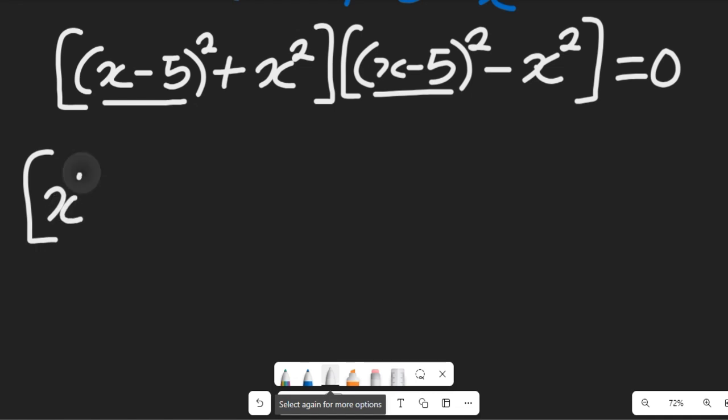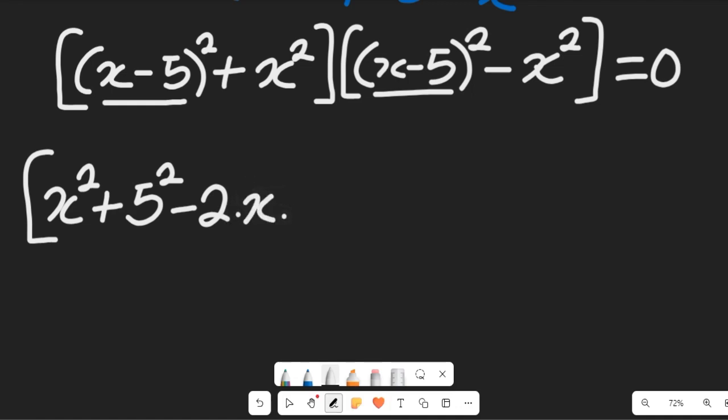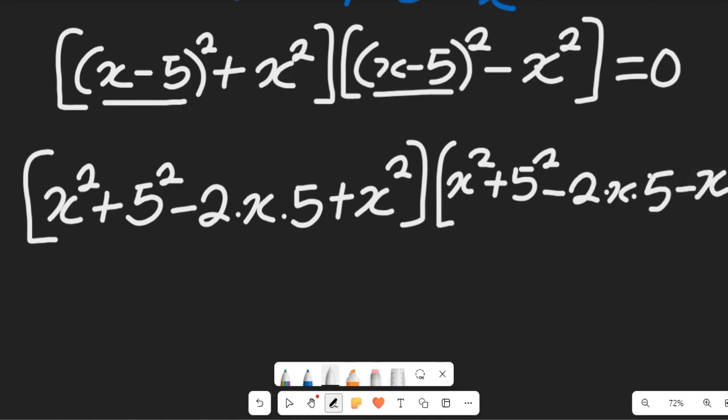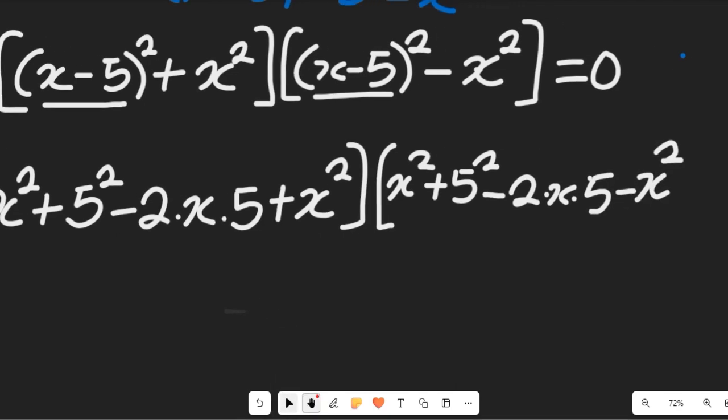That will give us x squared plus 5 squared, that's b squared, minus 2 multiplied by ab, that is x multiplied by 5, and that will be plus x squared. On the other hand, if we expand this, we are going to have a similar thing: x squared plus 5 squared minus 2x multiplied by 5, minus x squared.